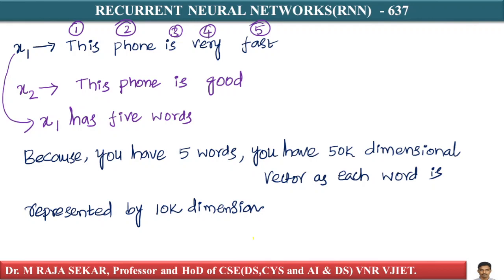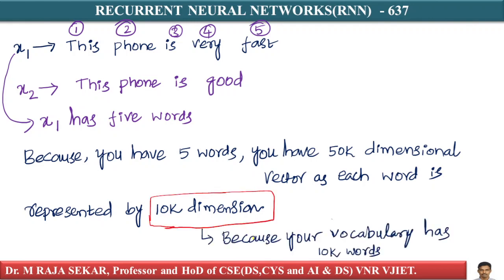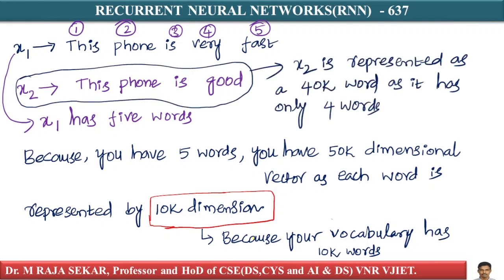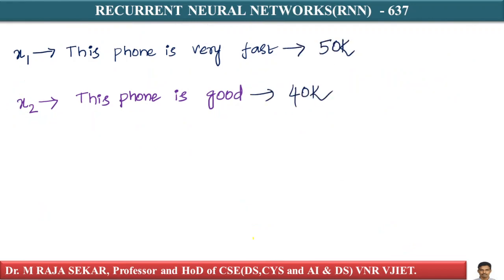Now how can I represent my x2? x2 is represented as a 40k dimensional vector, because it has only 4 words. So your input size is changing, because one sentence has 5 words and the other sentence has 4 words.